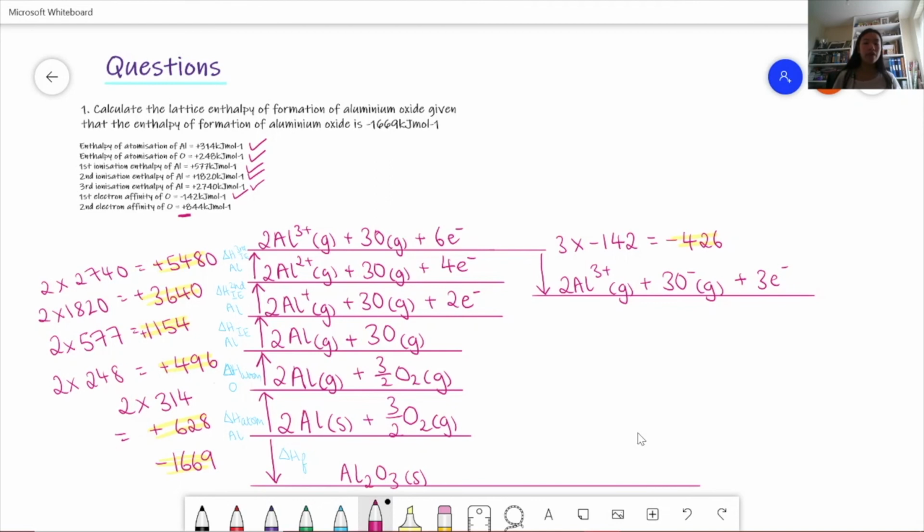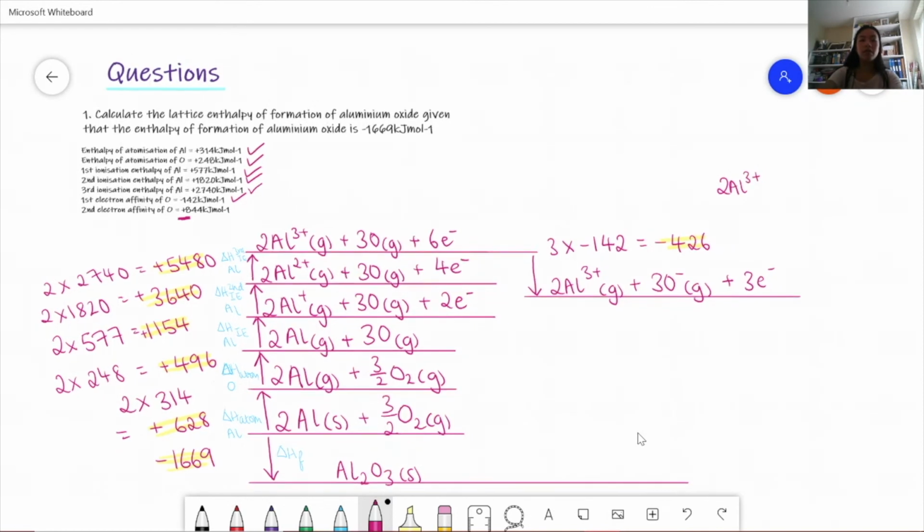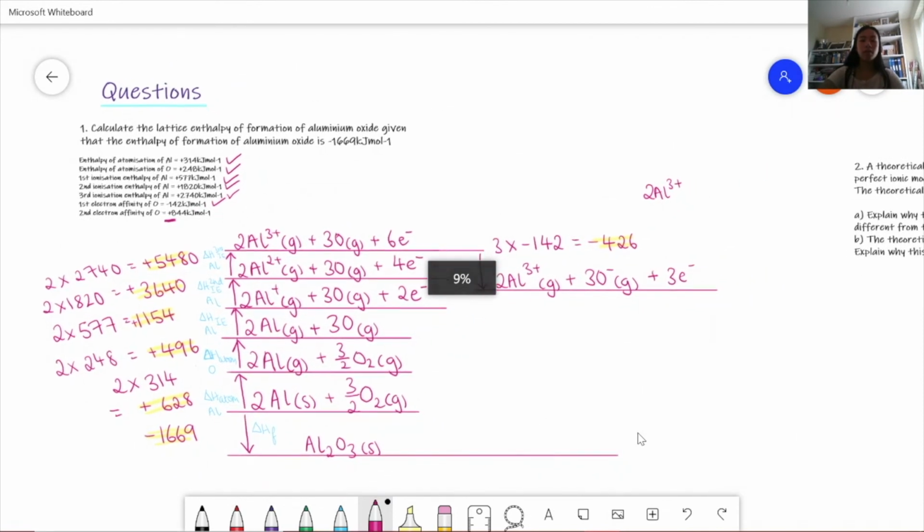So we'll have the aluminiums, which stay as they are. I'm just going to zoom out. And then we'll have 3 O2-, which are gases. And that's used up all the other electrons. So we have no other electrons left because we've given 1 electron to each of the O- gaseous ions.